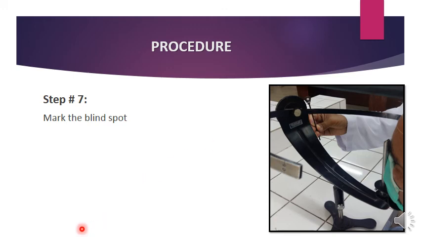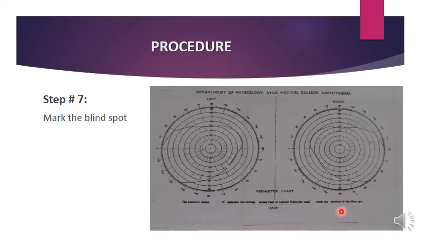Both these points will then be plotted on the chart, and it will be marked somewhere here in between 10 degrees to 20 degrees, which will give a rough estimate of the diameter of the physiological blind spot.